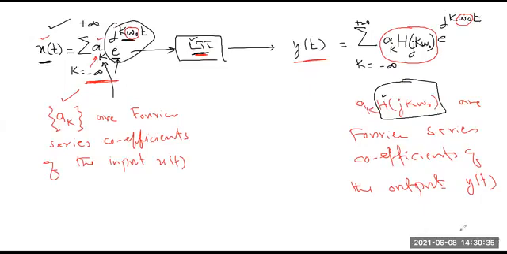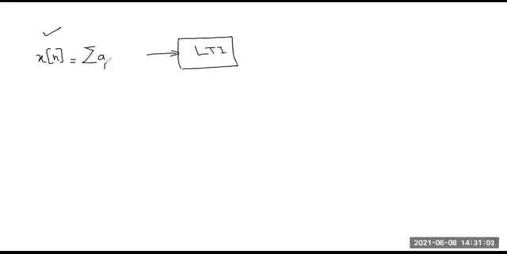In a similar manner, I can describe the behavior of a discrete time LTI system. So now if this is a discrete time LTI system, and if the input of this system is x of n, and if we assume that this input is a periodic signal, then we can always represent a periodic discrete time signal in this form.